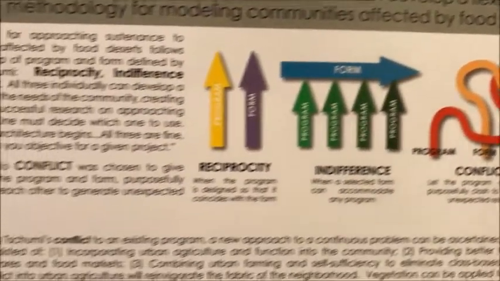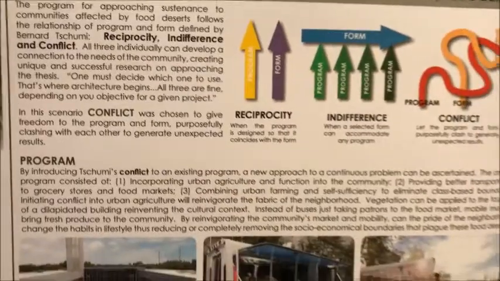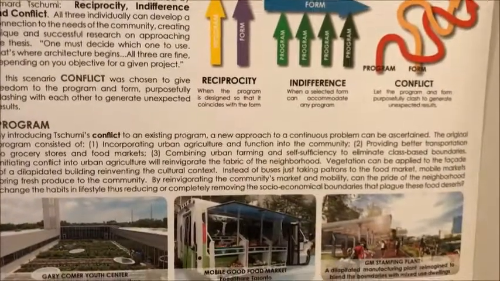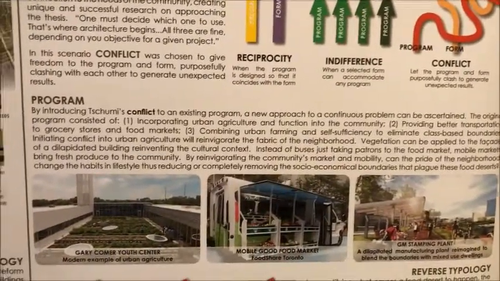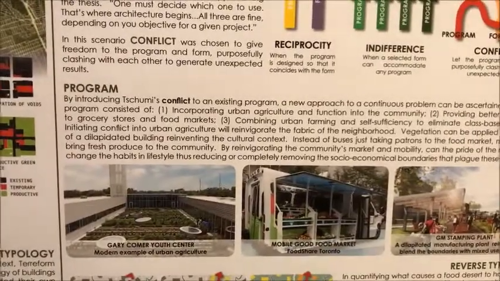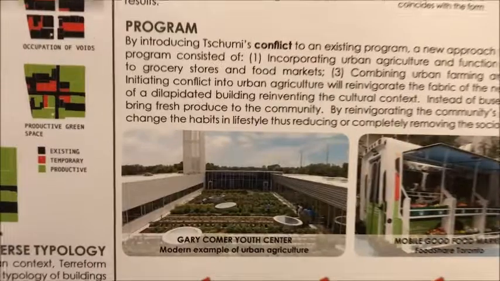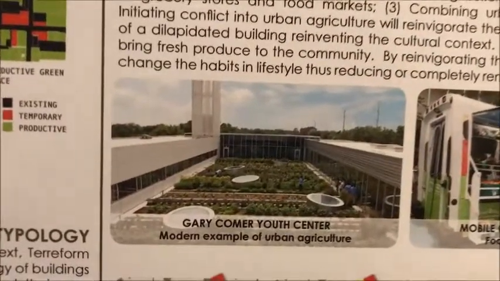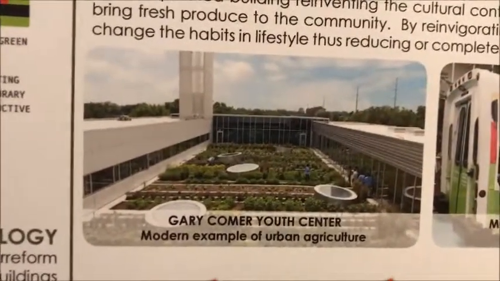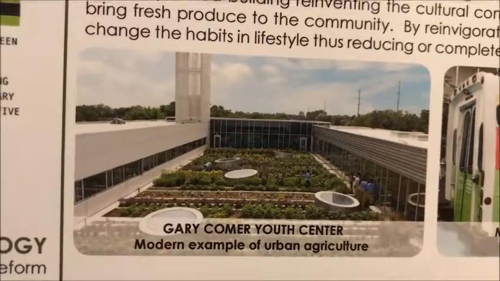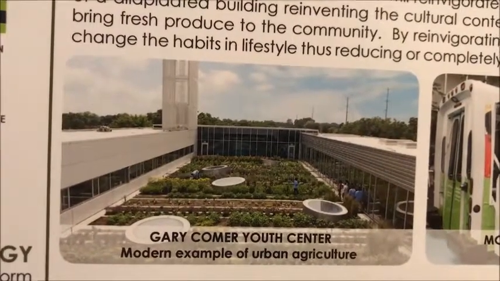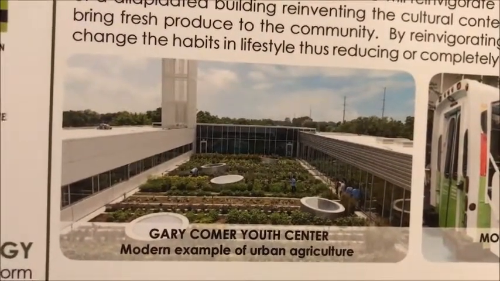Program. By introducing Tschumi's conflict to the existing program, a new approach to a continuous problem can be ascertained. Initiating conflict into urban agriculture will reinvigorate the fabric of the neighborhood. Vegetation can be applied to the facade of a dilapidated building, reinventing the cultural context.